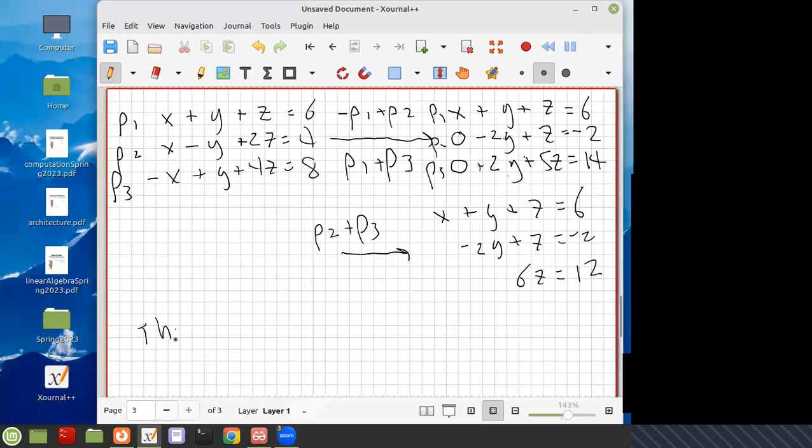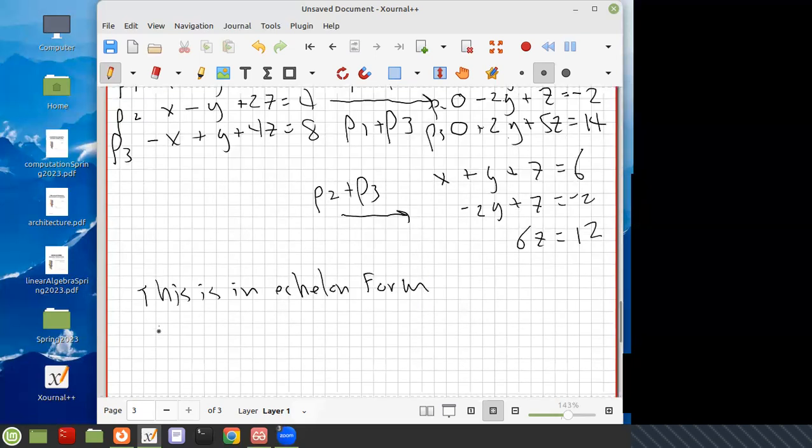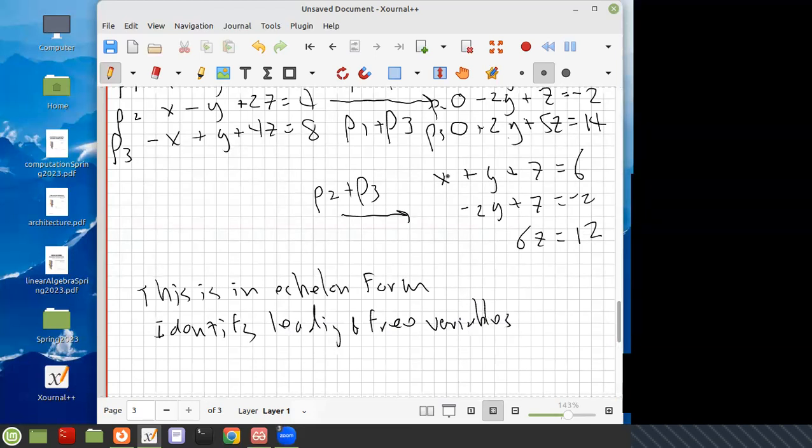So this is in echelon form, and that's the goal. Once we get to echelon form, we can identify leading and free variables. A leading variable is just one that has a non-zero coefficient in a row.